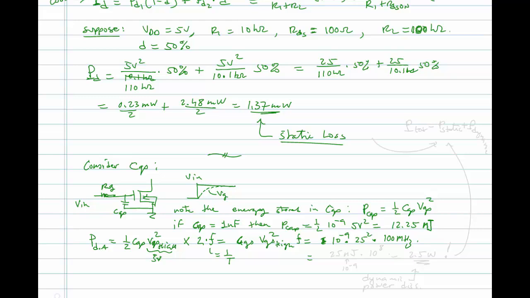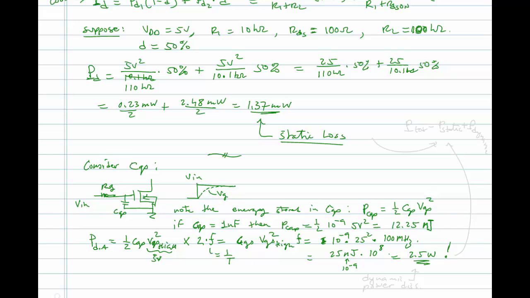So we saw before that was 25 nanojoules, but then this is times 100 times 10 to the 6, that's 10 to the 8, right? This is 10 to the minus 9. So we end up with 2.5 watts. Okay, 2.5 watts of energy that is dissipated in that gate resistance in charging and discharging the capacitance.